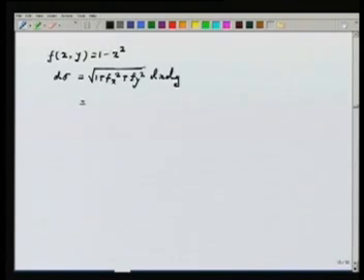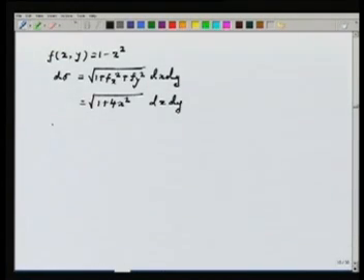Now this is easy to calculate. It is square root of 1 plus fy, which is anyway 0 because the function has no y in it, it is independent of y. So it is only fx square, but fx is minus 2x, so square is 4x square, dx dy.